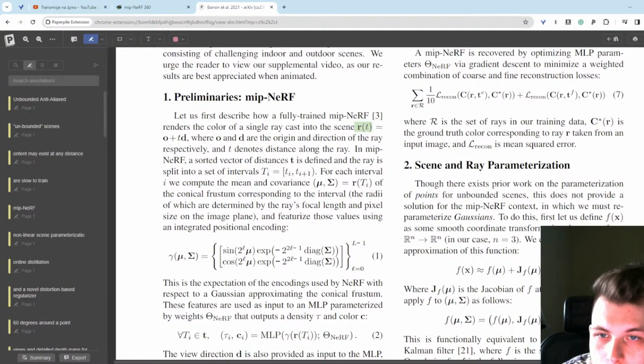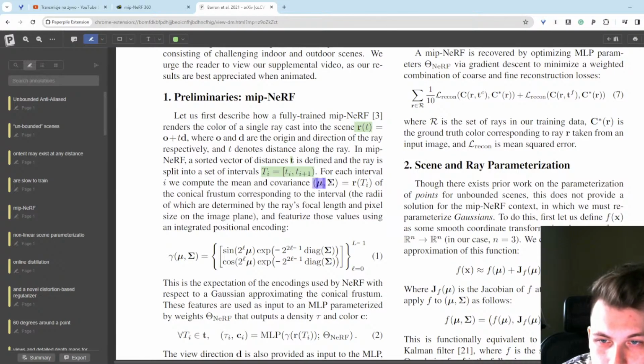In Mip-NeRF, a sorted vector of distances t is defined, and the ray is split into a set of intervals t_i. So these are the intervals between these distances in this vector. For each interval i, we compute the mean and covariance.